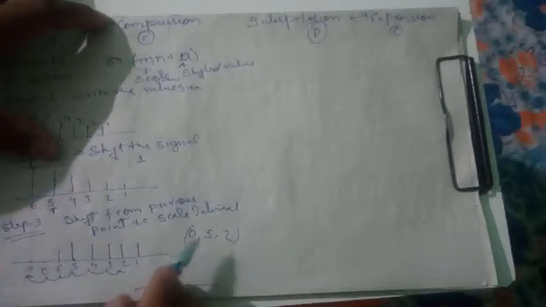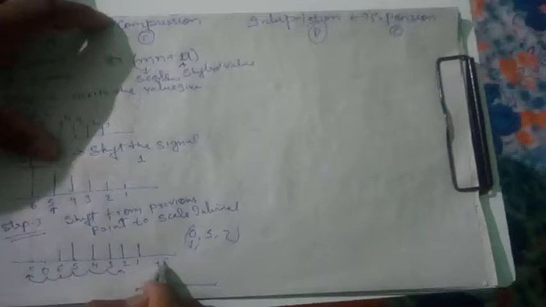This is our answer. We got the value of 0, but at 5 we get 5 value and again 2 value, and 0 value is not considered.